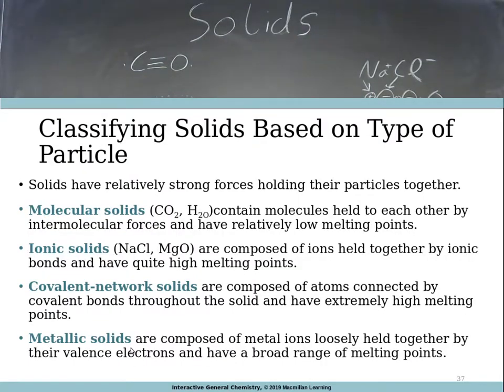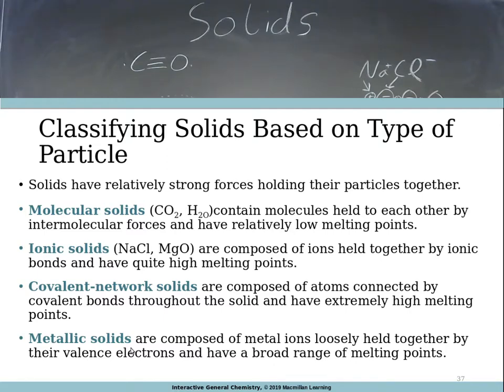Next are covalent network solids. I won't try to draw one of these, but we'll see some good figures of covalent network solids in a minute. These have covalent bonds, but they're really different than things like carbon dioxide and water that form ordinary molecular solids. Covalent network solids have covalent bonds that extend from one neighbor to the next, to the next, across the entire bulk of the material.